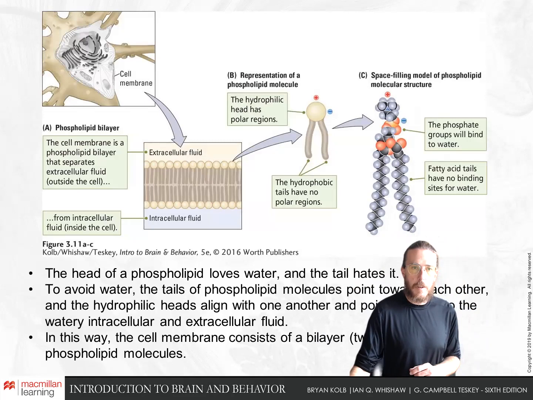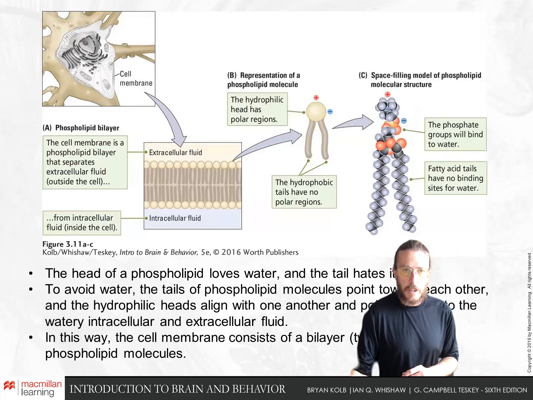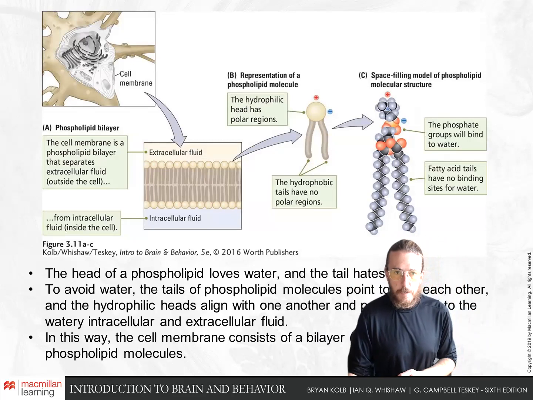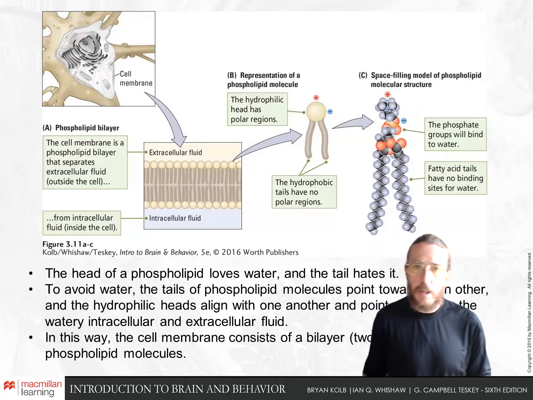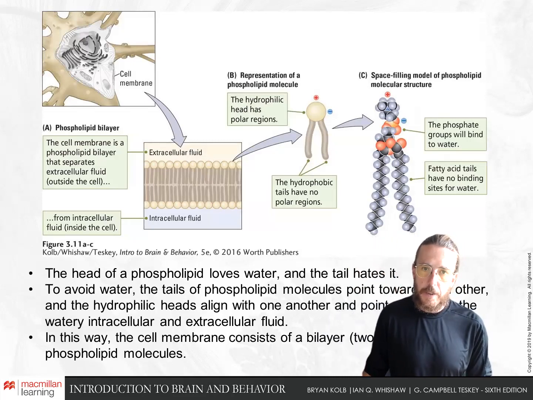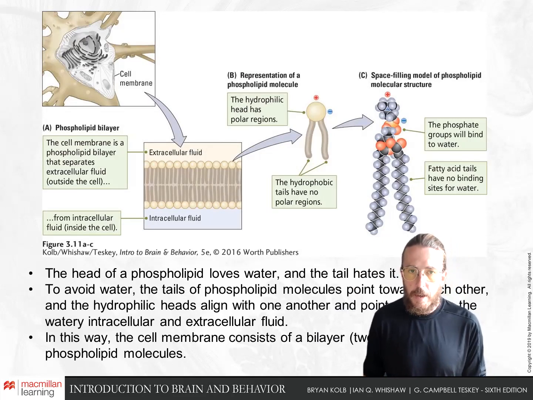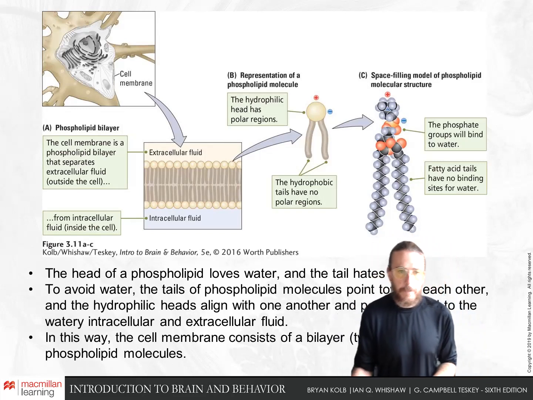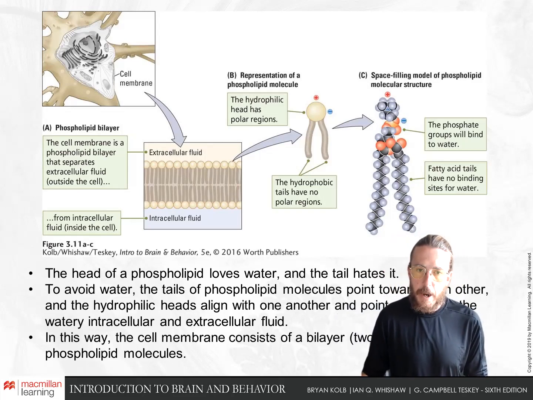Here's what the phospholipid molecule looks like in a diagram, where you can see the positive and negative charge, but there's no charge on the tails. And here's a space-filling model showing the molecular structure of the phospholipids, showing these phosphate groups with positive and negative charges. We'll talk in the next slides about some chemistry terms like binding sites here.